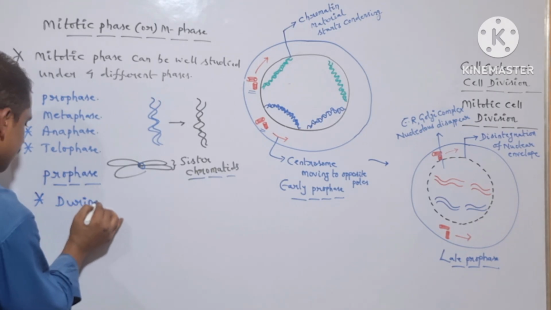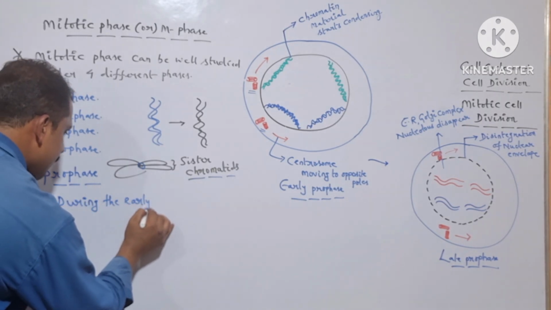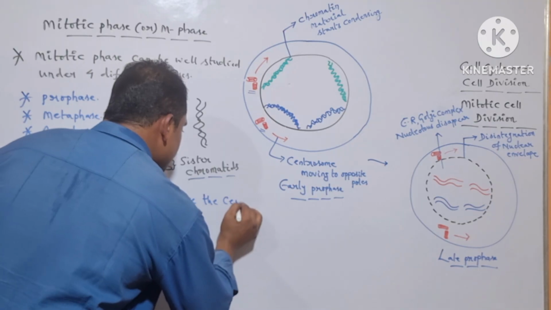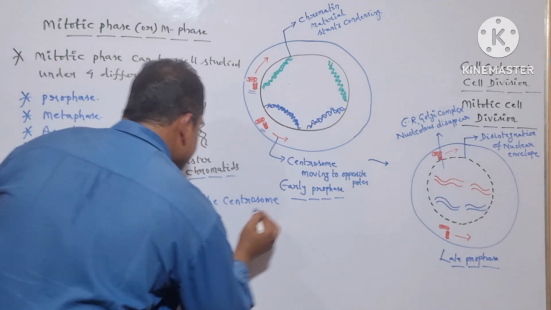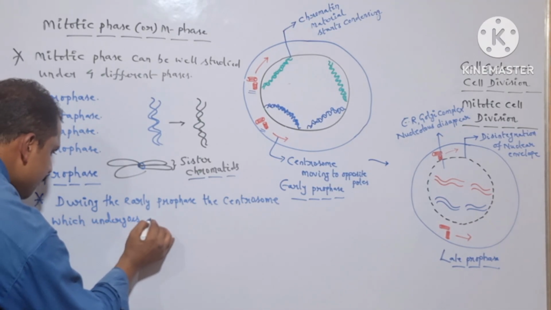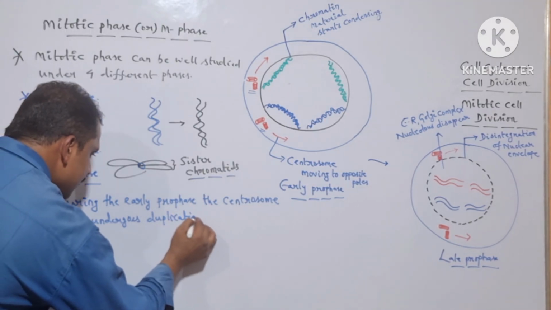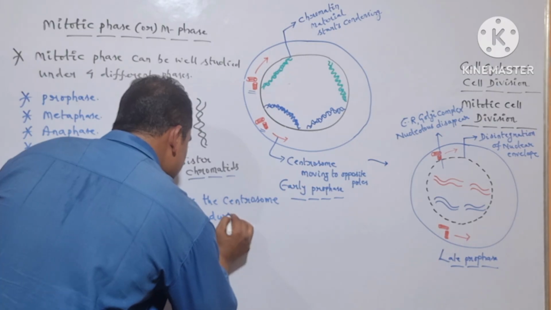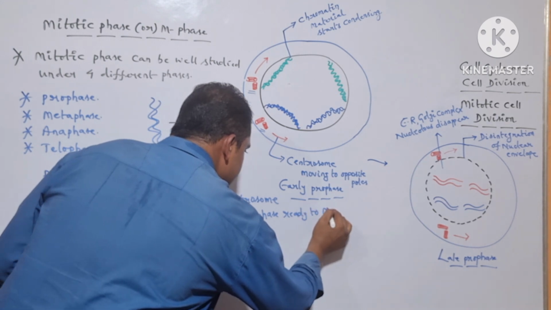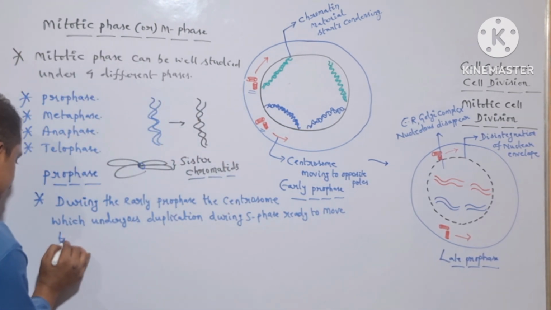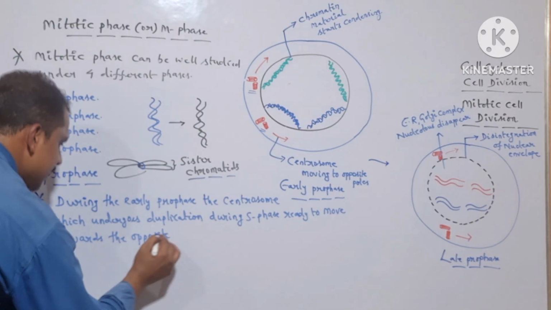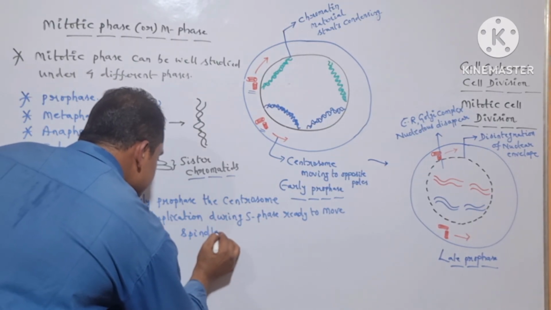During the early prophase, the centrosome, which undergoes duplication during S phase, is ready to move towards the opposite spindle poles, right?